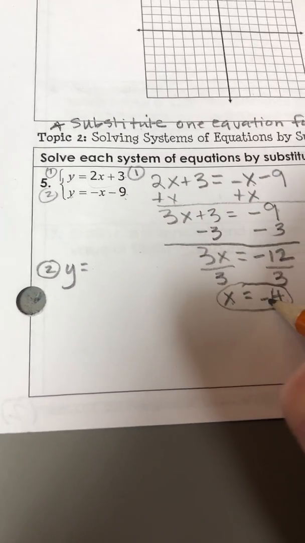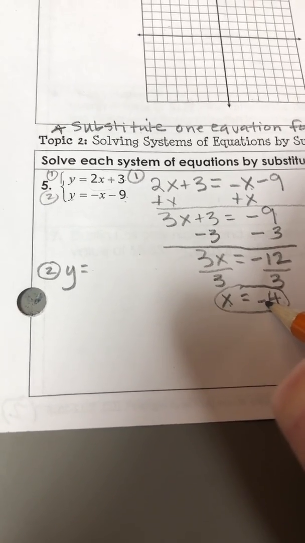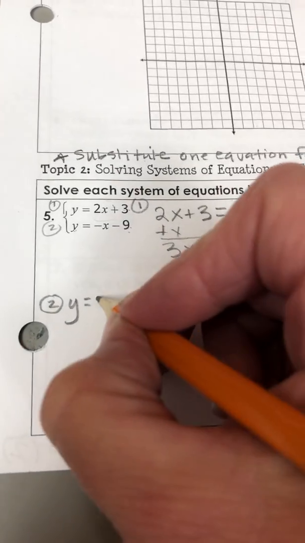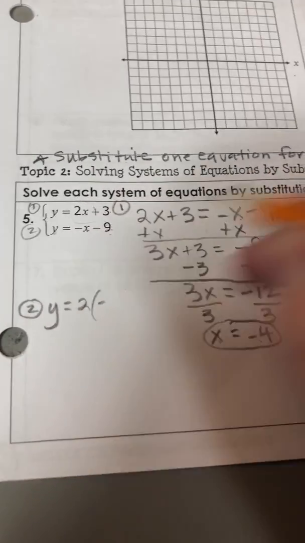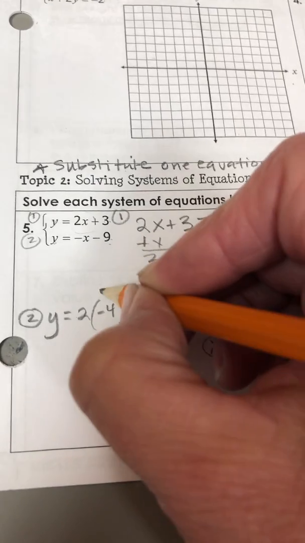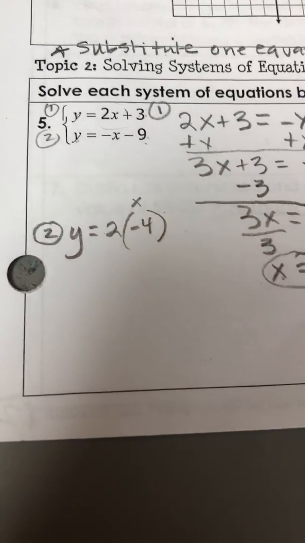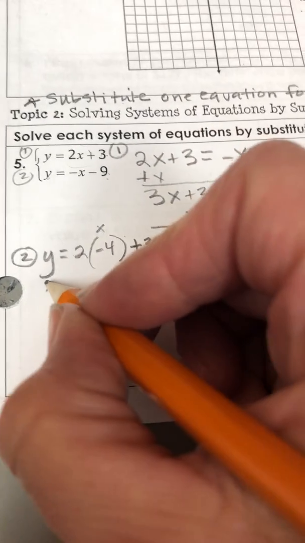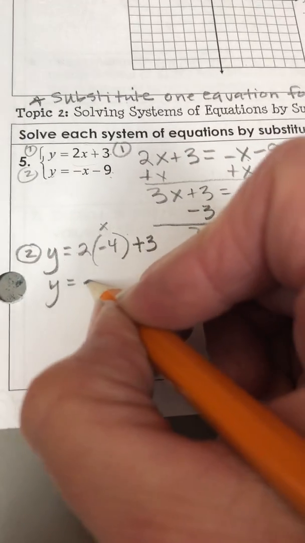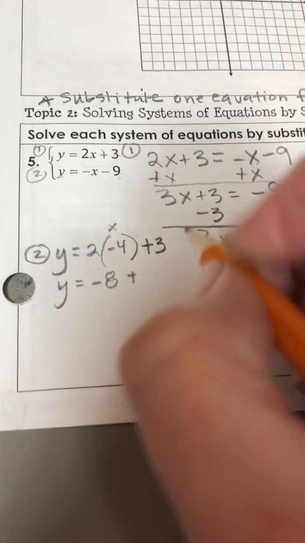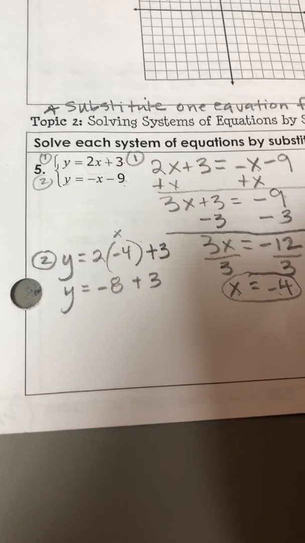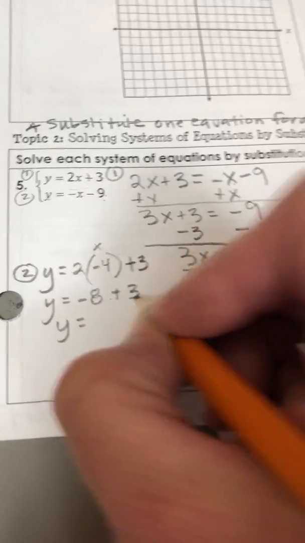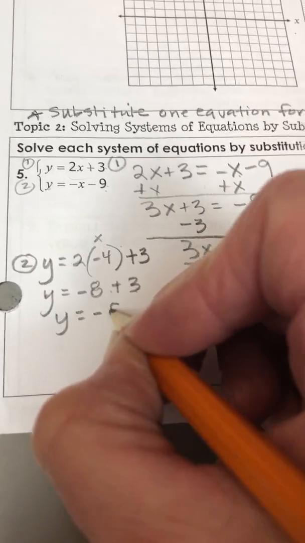I'm going to substitute the negative 4 into the first one. y equals 2 times negative 4, because that's the x I'm substituting for, plus 3. So y equals negative 8 plus 3.